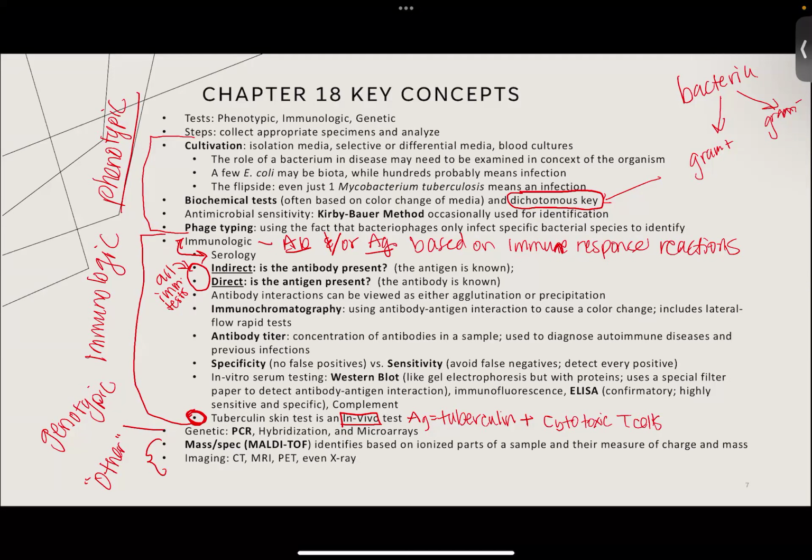We had time enough to develop antibody to the thing. And how strong that antibody response is, is an antibody titer. A titer is just a measure of the concentrations of the antibodies in the sample. We can use this to diagnose autoimmune diseases or previous infections, or infections where we can't detect the virus, but we know that the person's been exposed to it previously, like HIV.